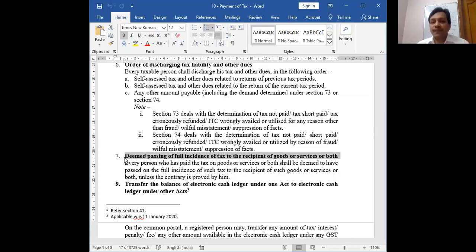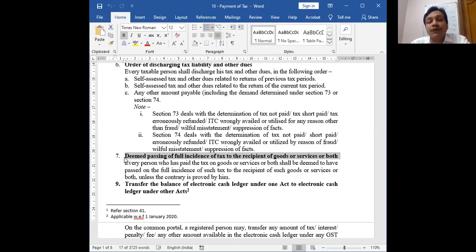How much is the tax then on 80,000? Suppose 10%, 8,000. Now what this point says is that by default it is assumed that every supplier will pass on the tax paid by him. In my example, how much was the tax which I paid when I purchased this laptop? 5,000. So it is assumed that I will pass this 5,000 to my recipient.